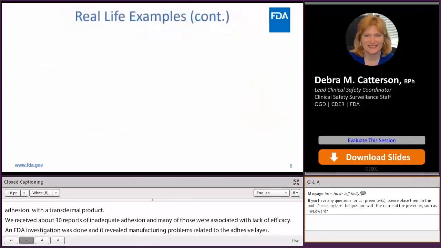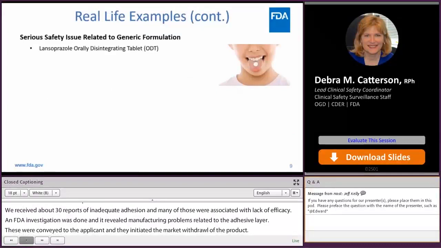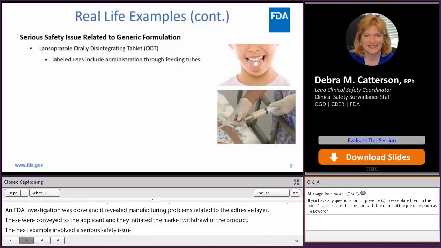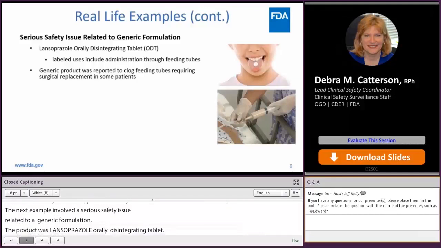The next example involved a serious safety issue related to a generic formulation. The product was lansoprazole orally disintegrating tablet, and one of the labeled uses included the potential for administration through feeding tubes. So we began to receive reports that this specific generic product was clogging feeding tubes and requiring surgical replacement in some patients.